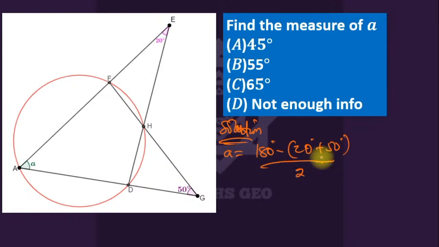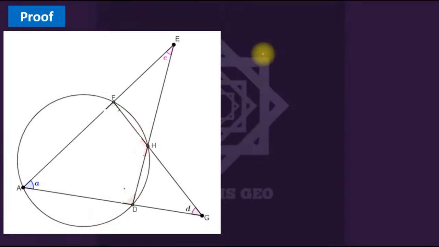So from here, this is 70. 180 minus that is 110, over 2, so this is 55. So our answer is option B. It's fast, but let me tell you how I got it fast. To prove that, I told you that A is equal to 180 minus the sum of E and D, over 2. That's what I used in solving the equation.